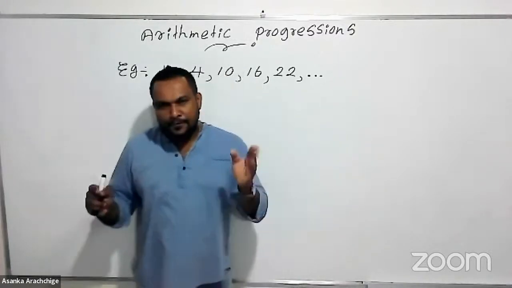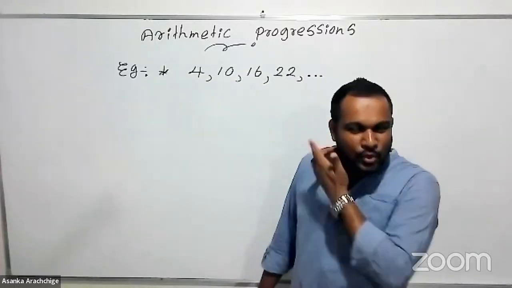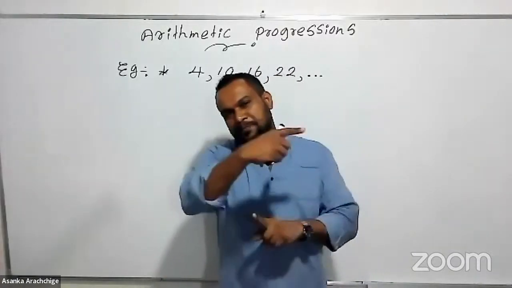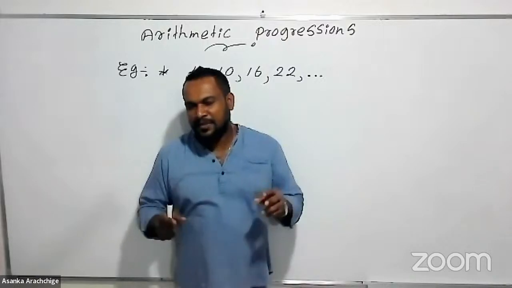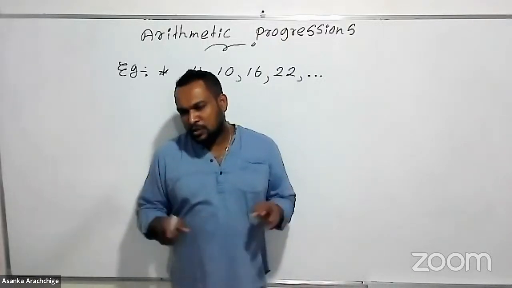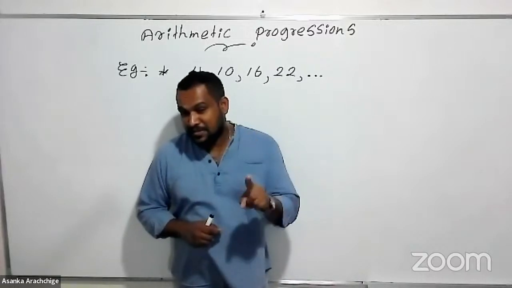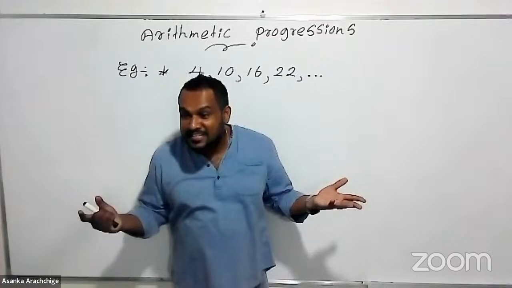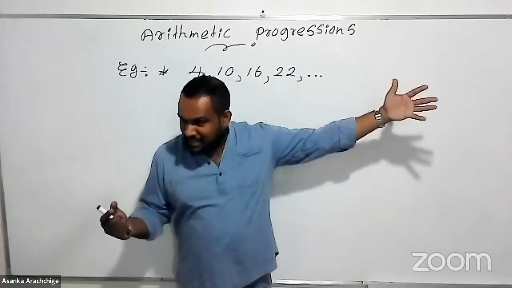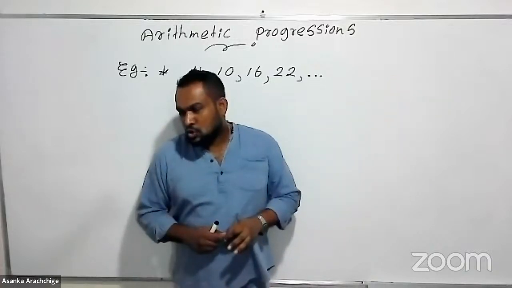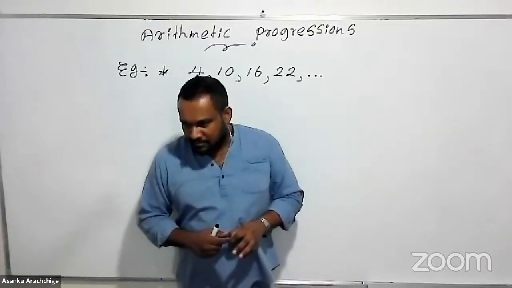Then from that selected term, you have to subtract its previous term. Now tell me, why are you not supposed to select the first term? If you select the first term, where is the previous term? That is why you are not supposed to select the first term.